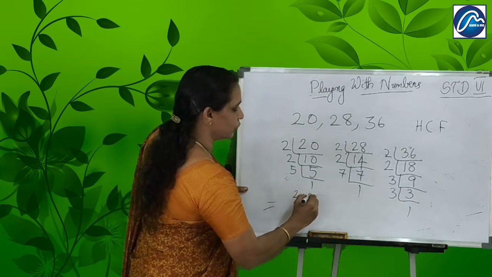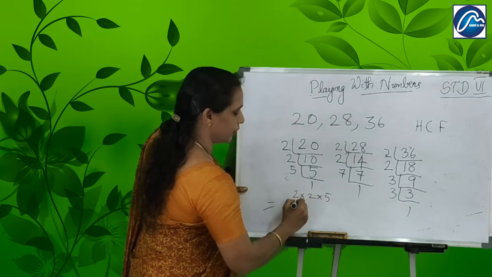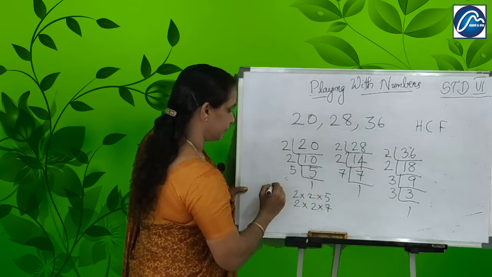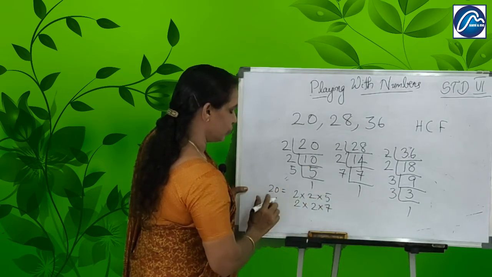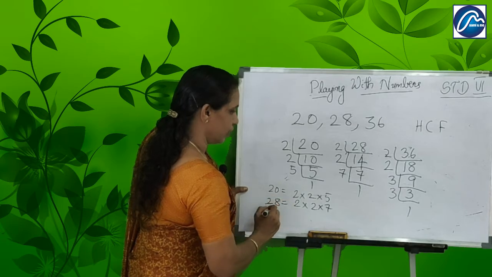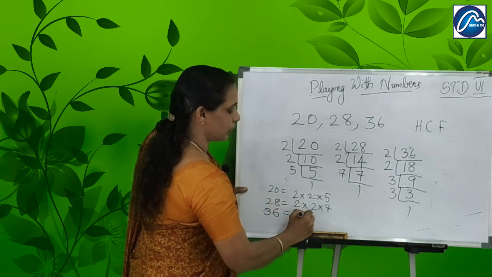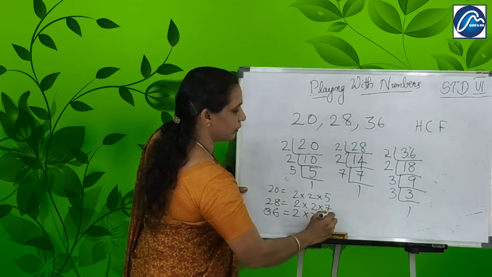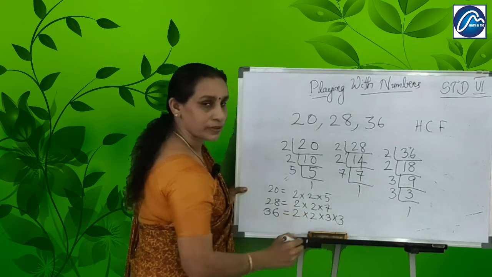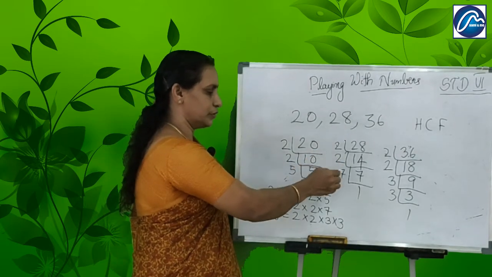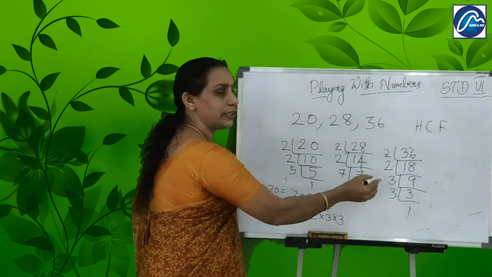20 is equal to 2 into 2 into 5, 28 is equal to 2 into 2 into 7, and 36 is equal to 2 into 2 into 3 into 3. Okay, 2 into 2 into 5, 2 into 2 into 7, 2 into 2 into 3 into 3.